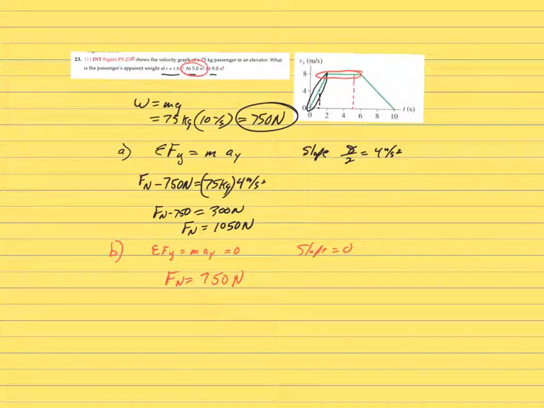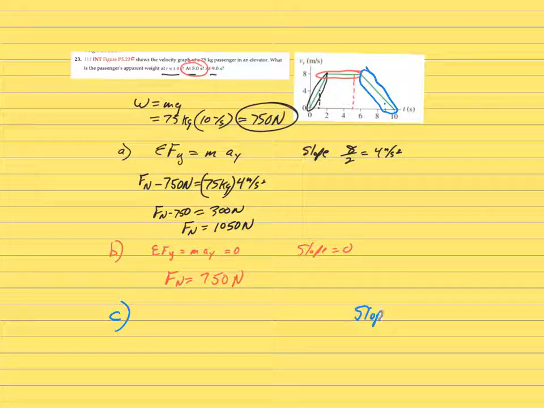And let's get a little room here and do part C. And part C is at 9 seconds, which is the slope of this line. And the slope, which is the acceleration, it falls 8, I believe.